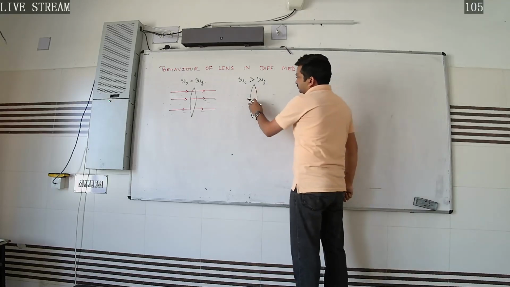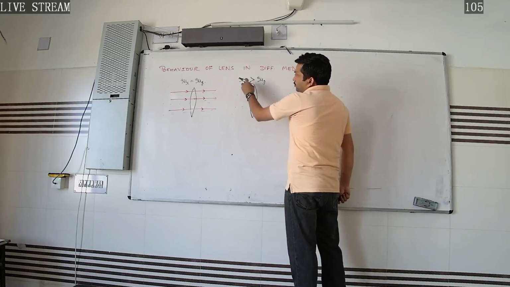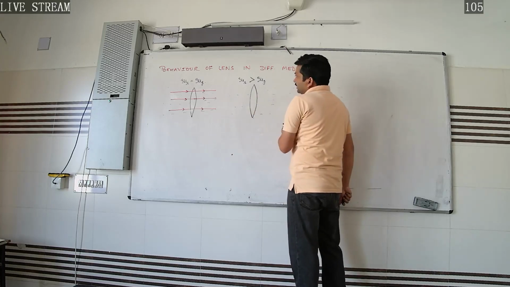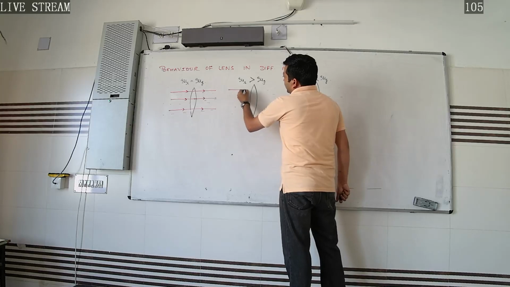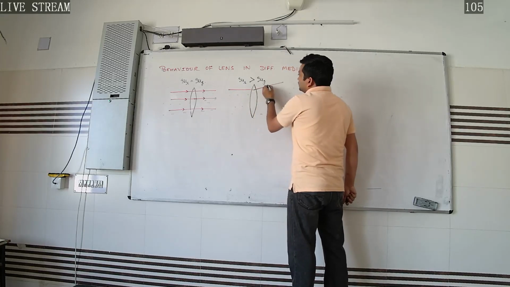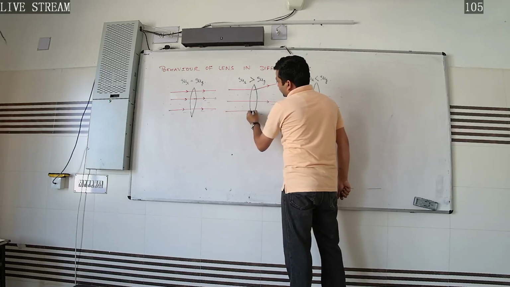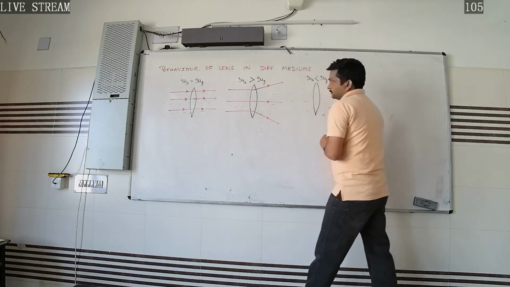Here in this case, what would happen if aμl is greater than aμg? Under that condition, this lens will behave like a diverging lens, or we can say it will behave like a concave lens.